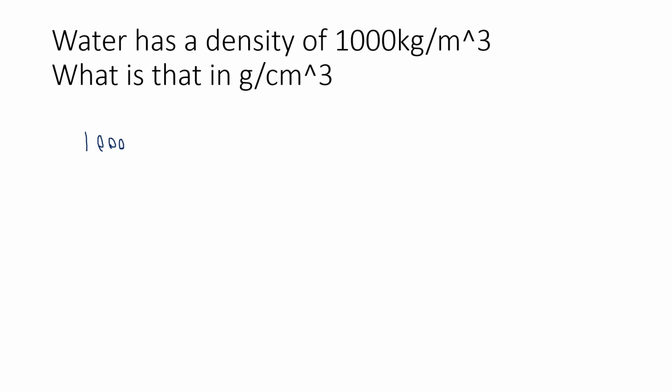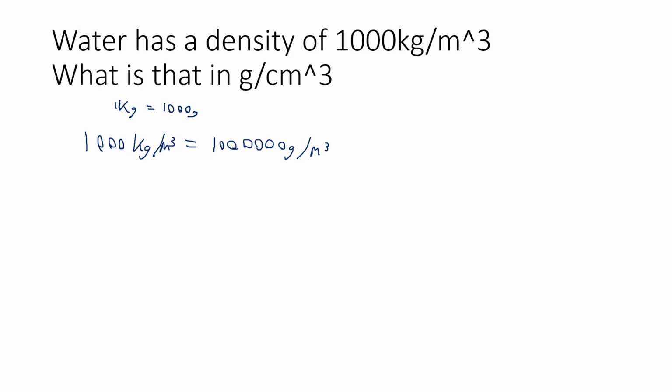All right, where were we? 1,000 kilograms per meter cubed is going to be, well, we know that 1 kilogram is equal to 1,000 grams. So that's just going to be 1 million grams per meters cubed. Okay?